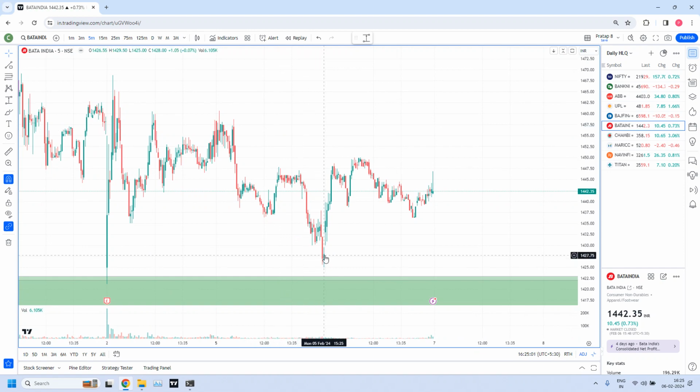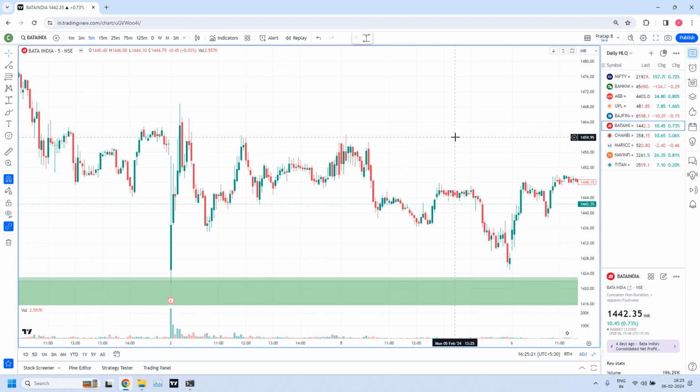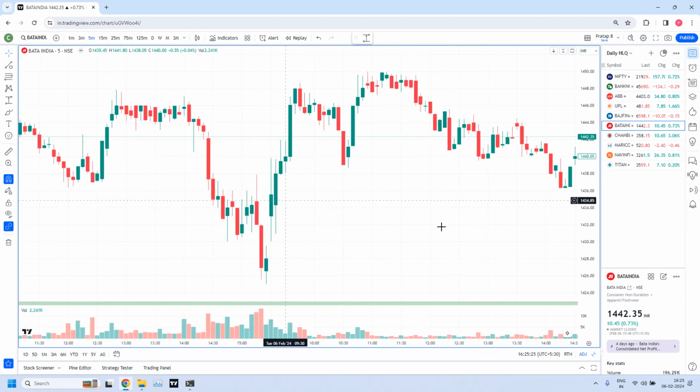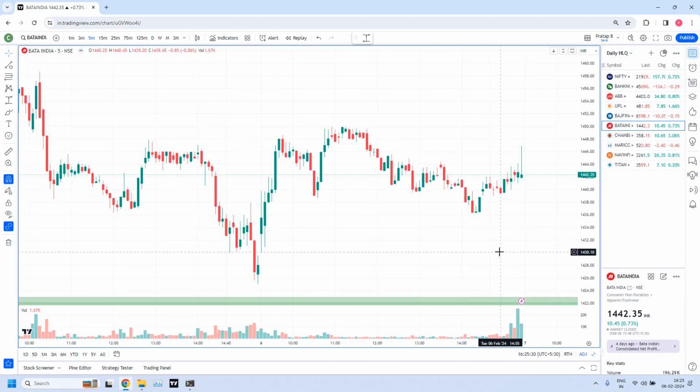But today, here today, prices moved from this candle, not even entering the zone. So that way we didn't get a trade in this stock. This is the 9:15 candle. We didn't get a trade.